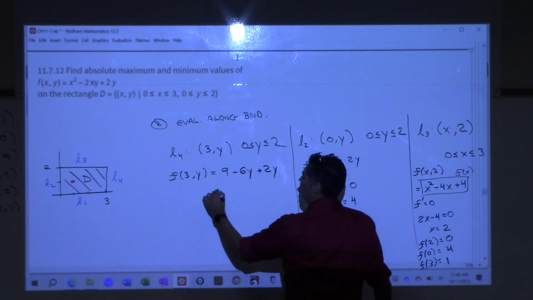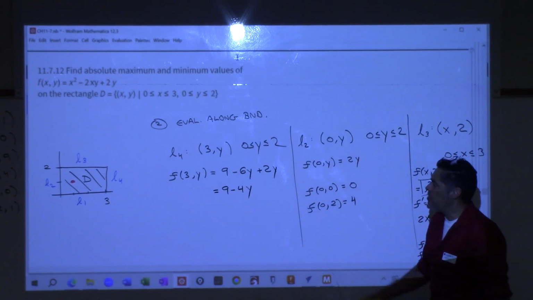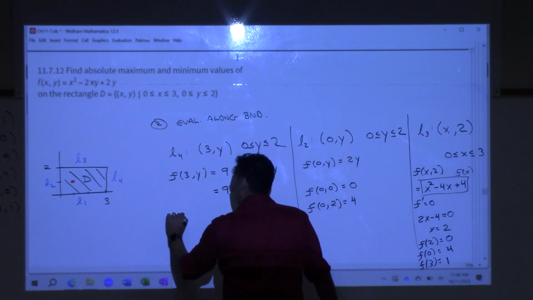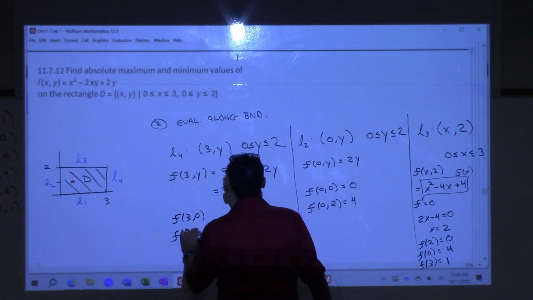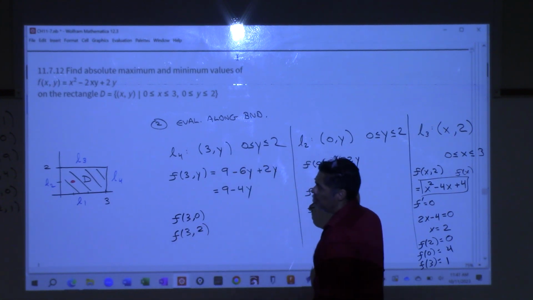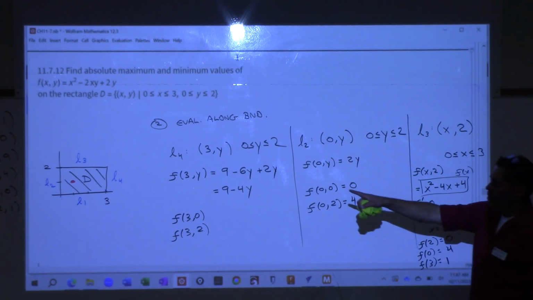Linear. Okay, 9 minus 4y. Since it's linear, I just evaluate the two endpoints. So I get f of 3, 0, and f of 3, 2. I think I already have those over there, don't I? Yeah, I do.